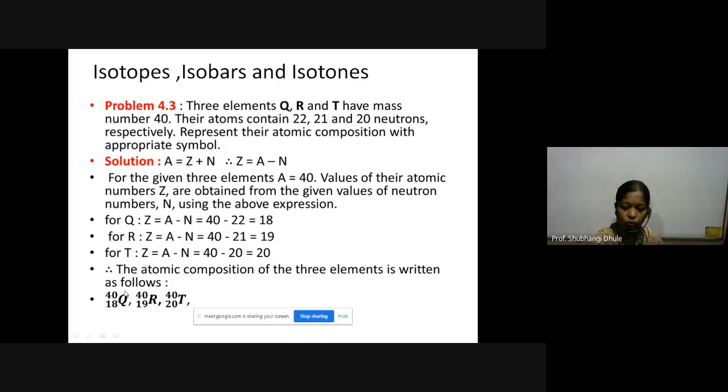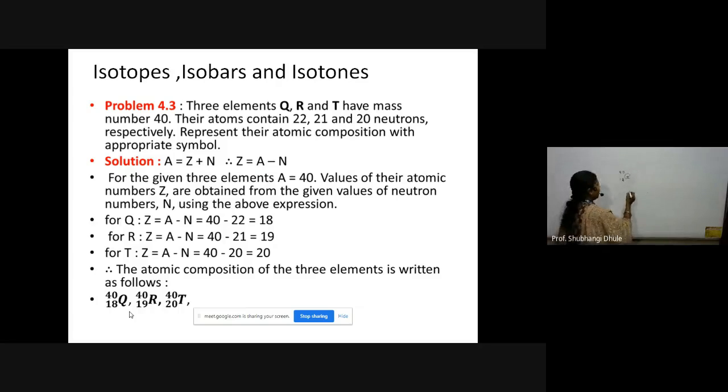So the Q element can be represented like this: 40 on the left hand side as the superscript, and 18, which we have calculated, as the subscript on the left hand side. So Q becomes 40 and 18.